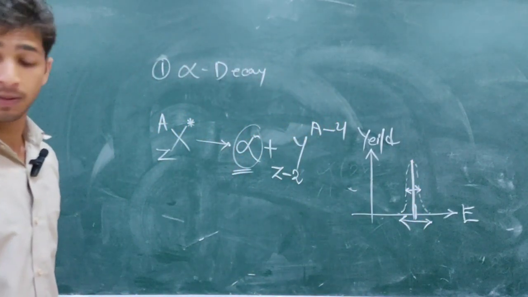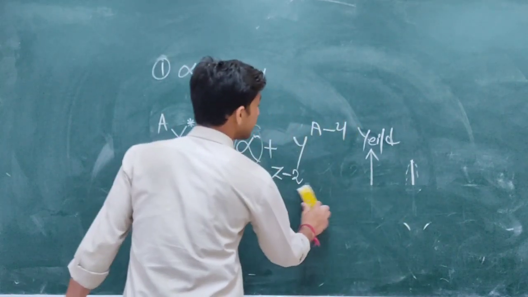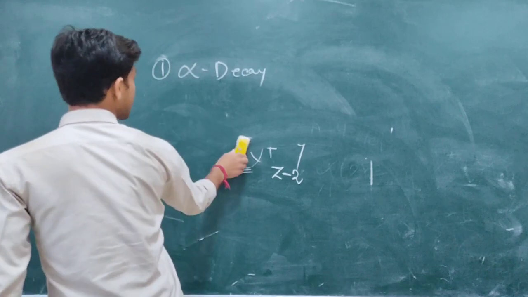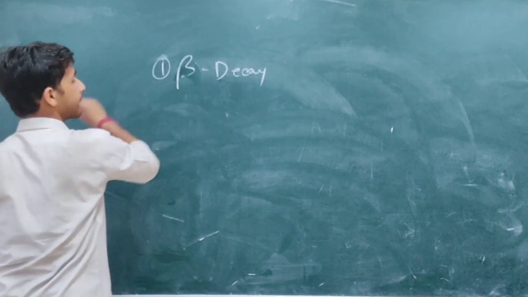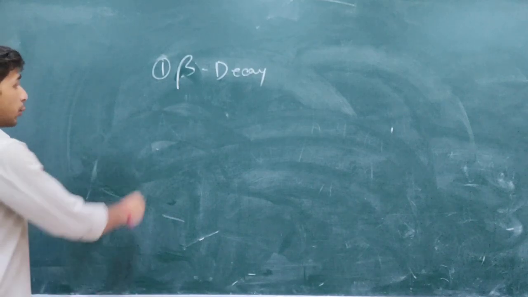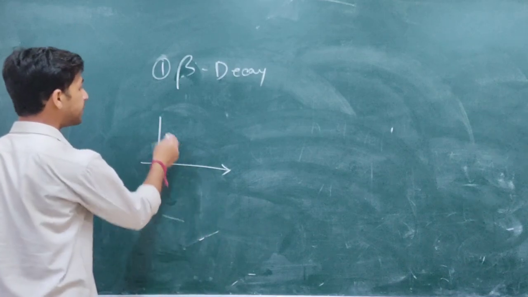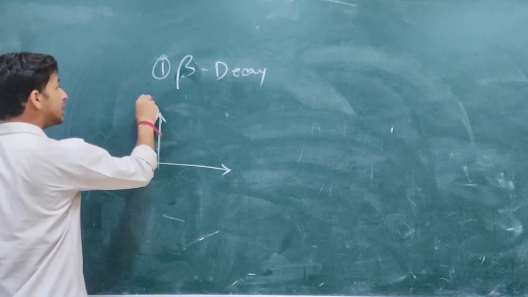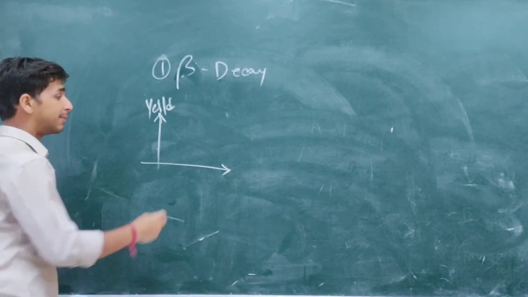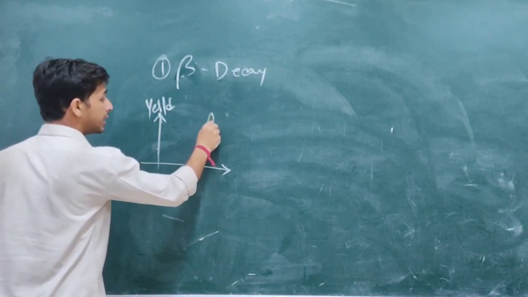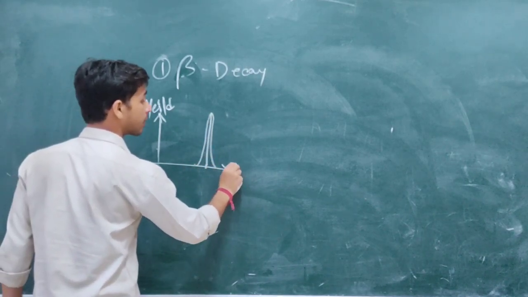energy spectrum. Now if you consider the beta decay, in beta decay we expect that the energy of the emitted beta particle with yield number y must have the same discrete distribution.